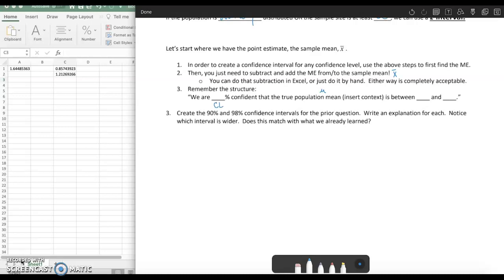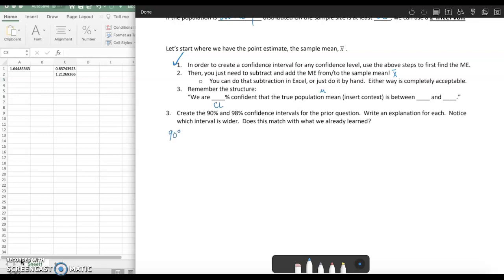We're going to create the 90% and 98% confidence intervals for the prior question and write out our explanation for each one. Notice which one is wider and does this match what we've already learned. So we have already done step number 1 in the creation of these confidence intervals. We've already found the margin of error, so we're just going to steal that work from above.